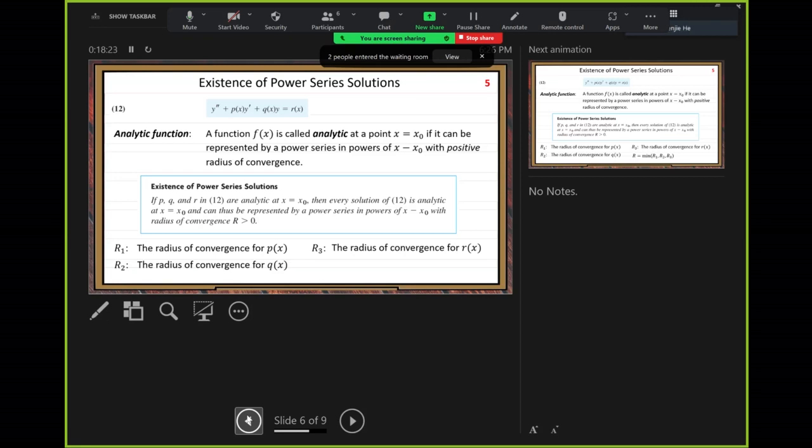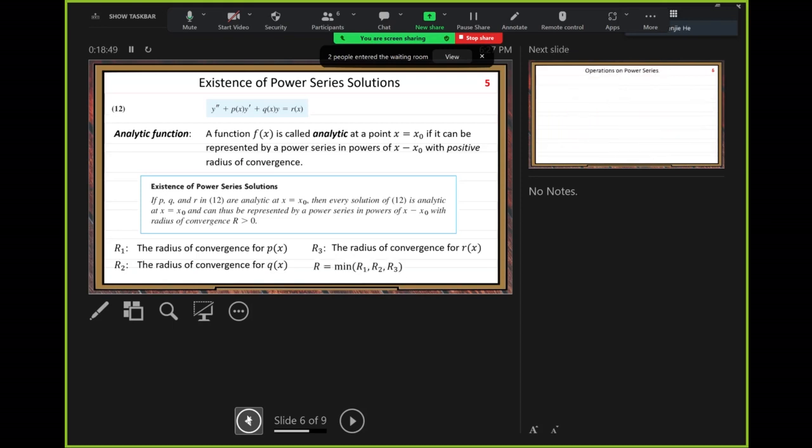Then, when we apply this theorem, the convergence point x should fall into all three circles, all three intervals. So we define this capital R, the radius of convergence, as the minimum of R1, R2, R3.